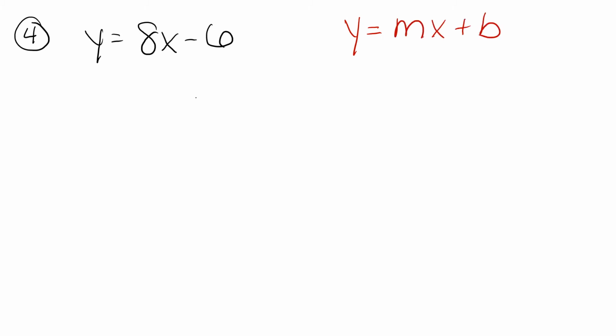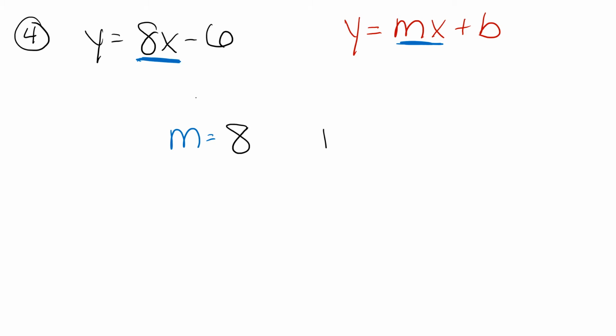For number 4, we have the equation y equals 8x minus 6. Remember our general form for slope-intercept form is y equals mx plus b. The m value is always connected to the x variable. The mx goes together. So in our equation, the 8x is together.